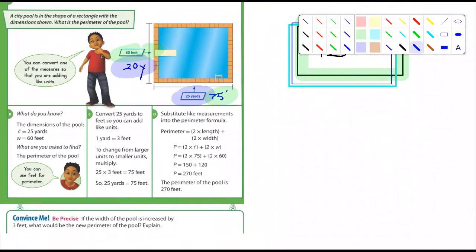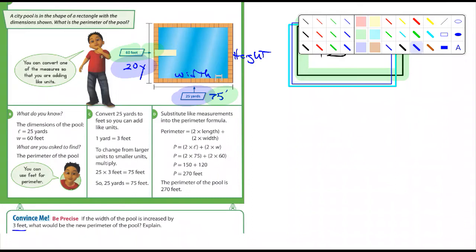Well, they don't say which one they consider the width. So, let's say this is the width, and this would be the height, just so you know. So the question is, they increase the width by 3 feet.